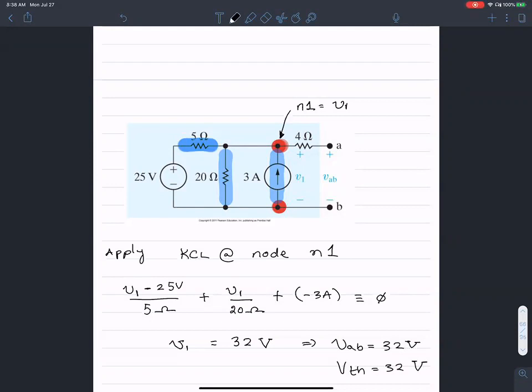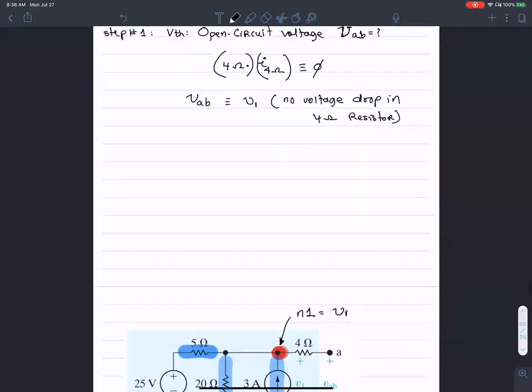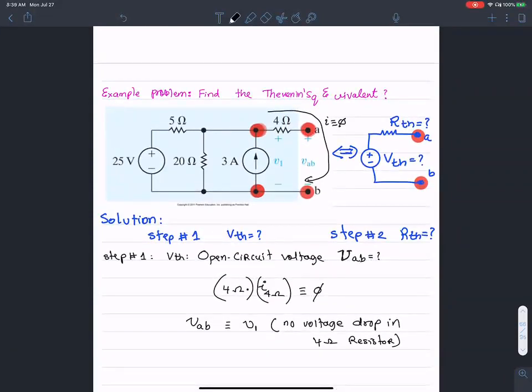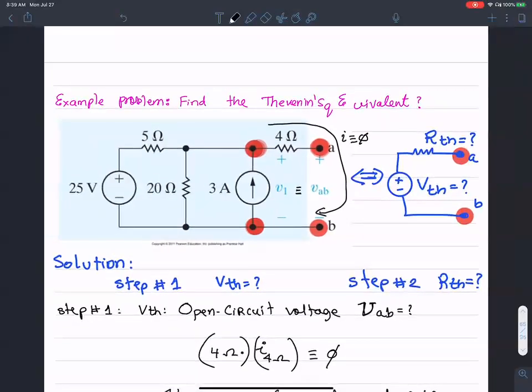So that's step 1. Let me go back. What's the step 1 I wanted to do? I wanted to find VAB, the open circuit voltage. And by open circuit voltage, I noticed that VAB is exactly the same as V1 because there's no voltage dropped across the 4 ohm resistance.